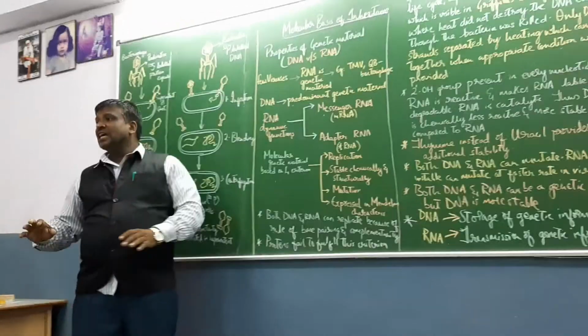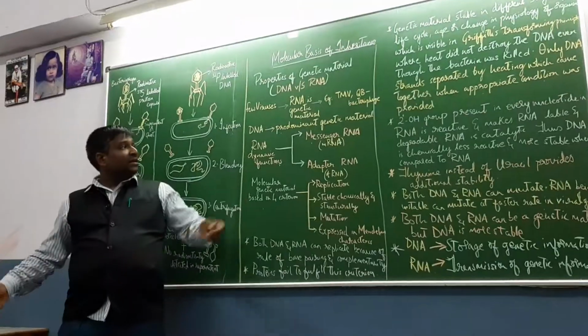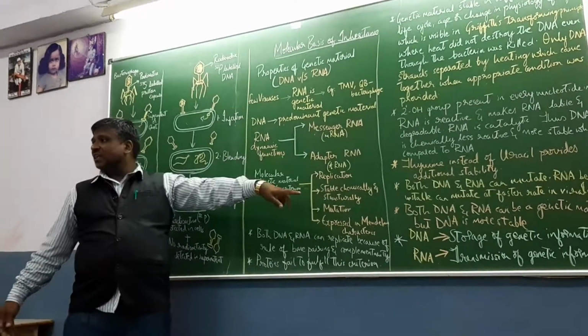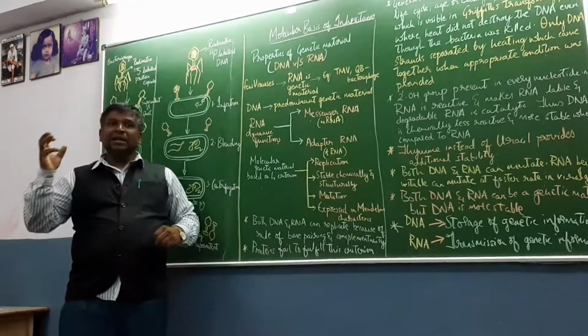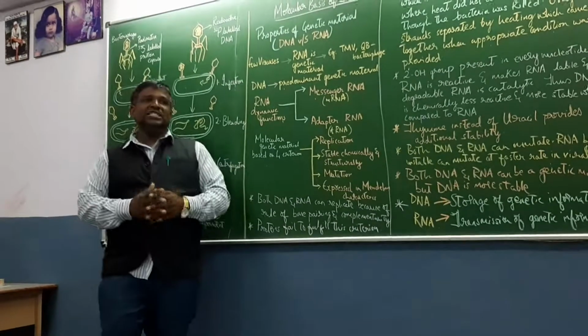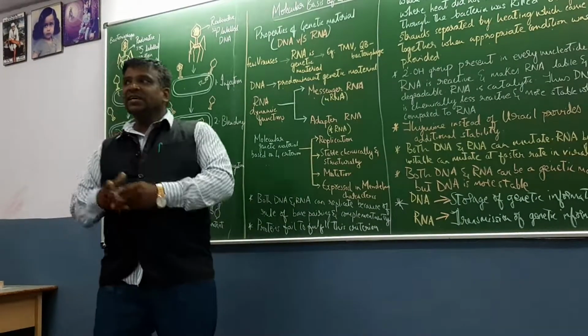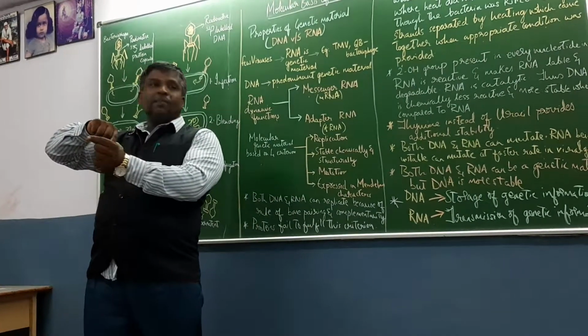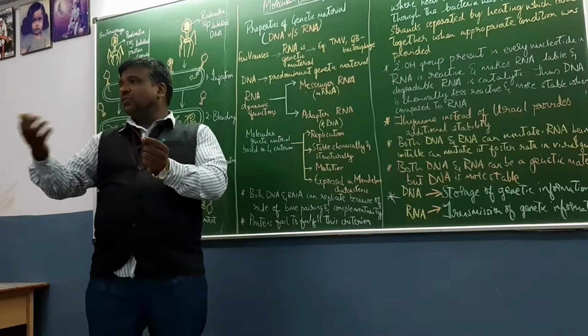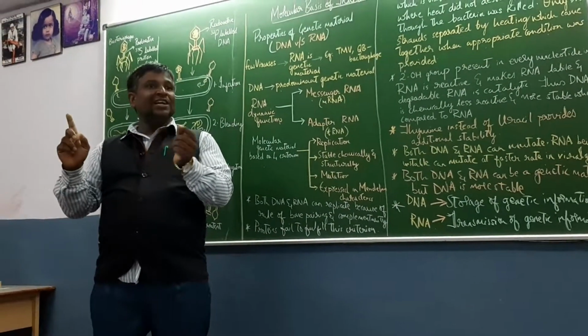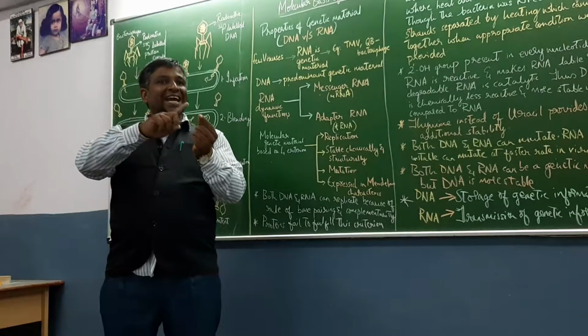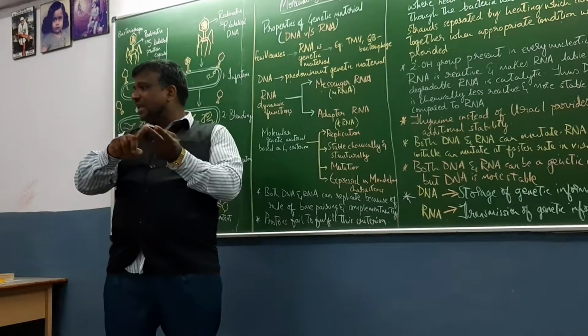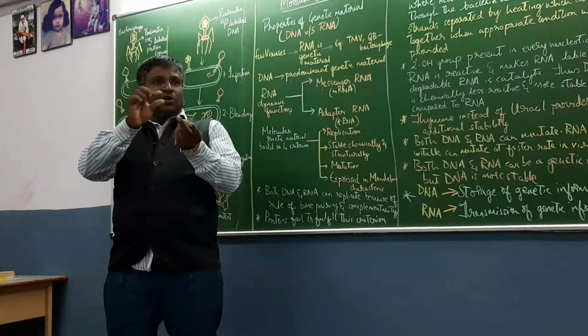Now RNA has dynamic functions. It acts as messenger RNA as well as adapter RNA. If you look into the central dogma of molecular biology, DNA produces its own copy by replication. That is the first process in the central dogma. Second, DNA synthesizes messenger RNA, which has the codes.